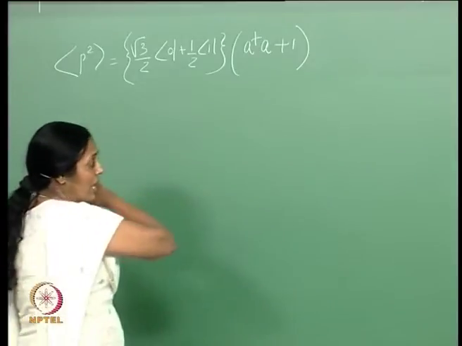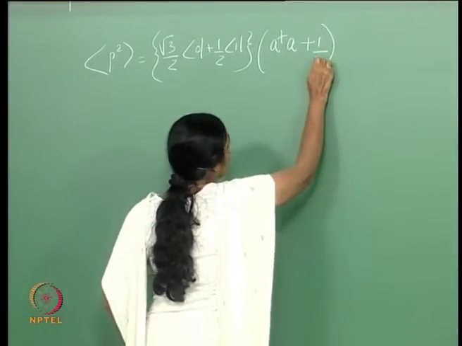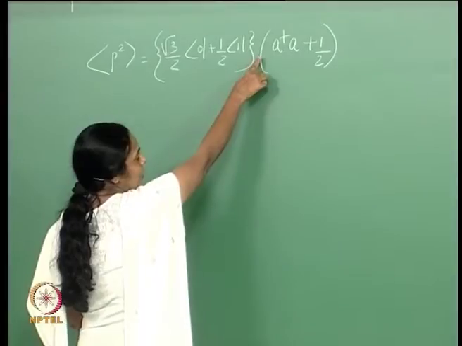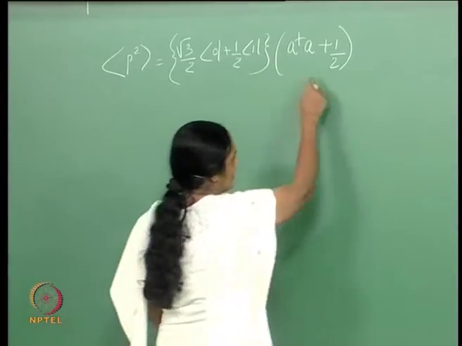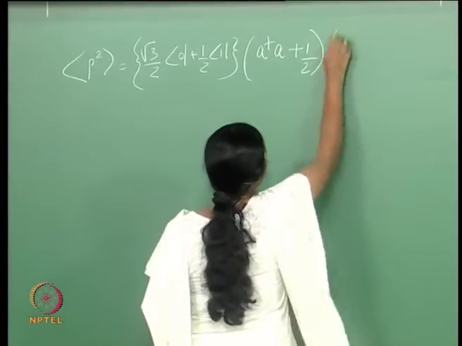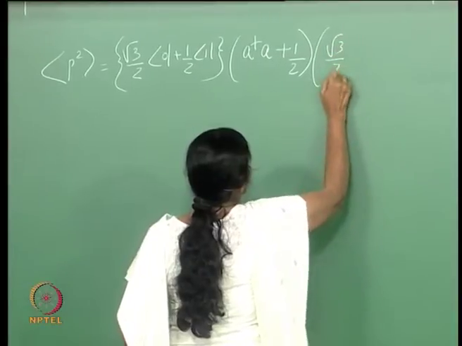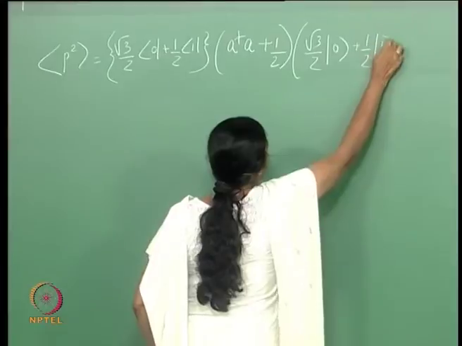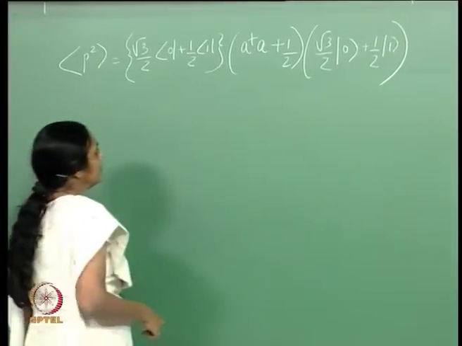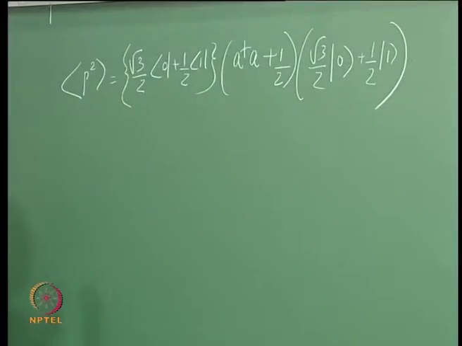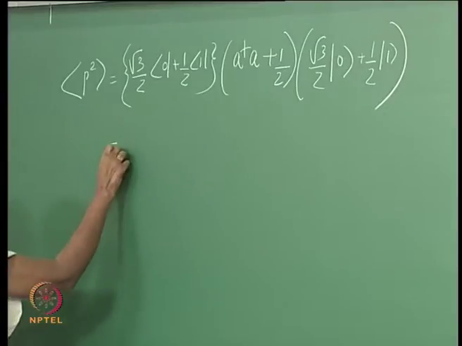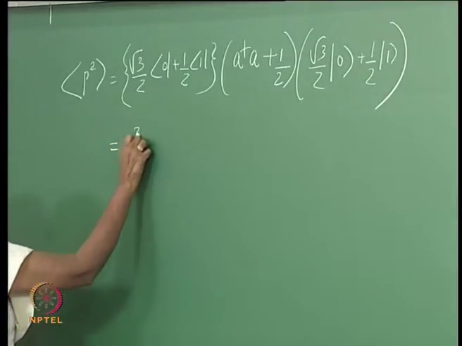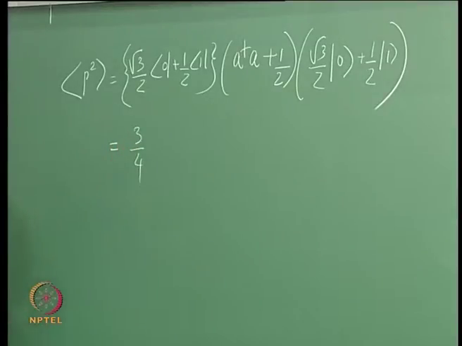There was an overall half, and that comes there. We started with a 2 A dagger A, and therefore it's just divided by 2, and the ket is root 3 by 2 ket 0 plus half ket 1. But I know the answer to this. This has been done earlier by us. That is 3/4.